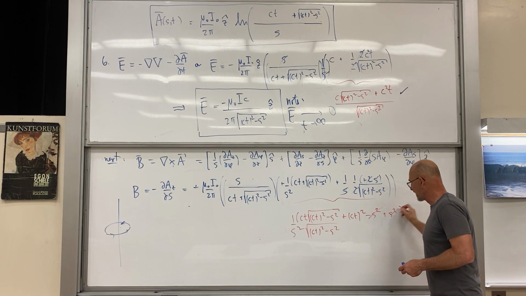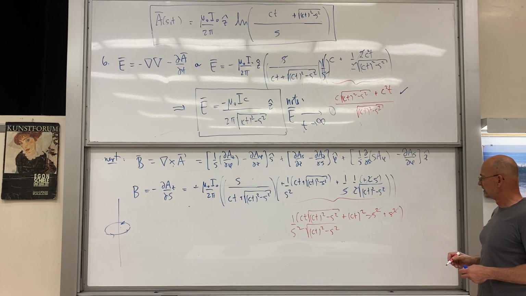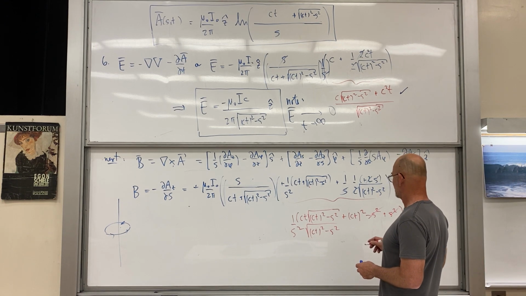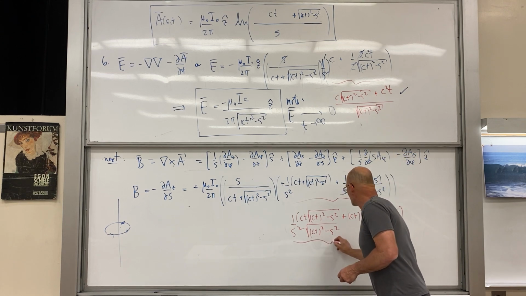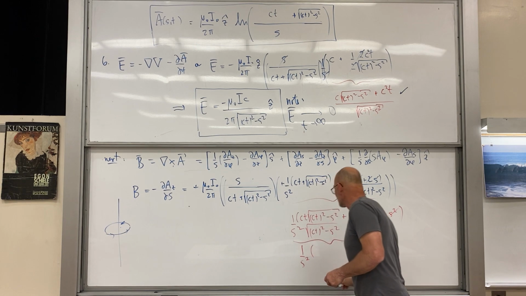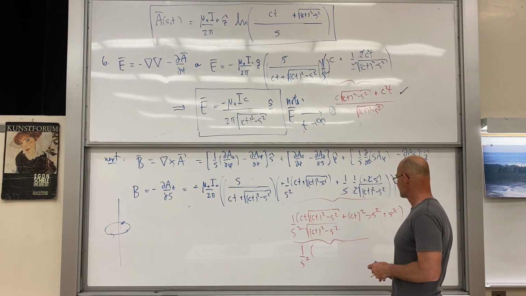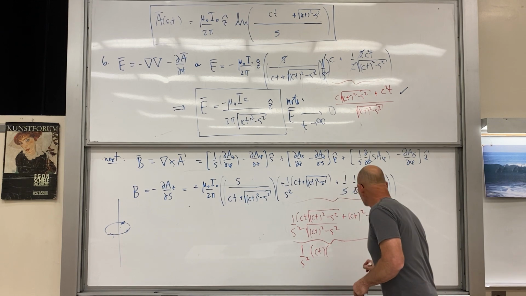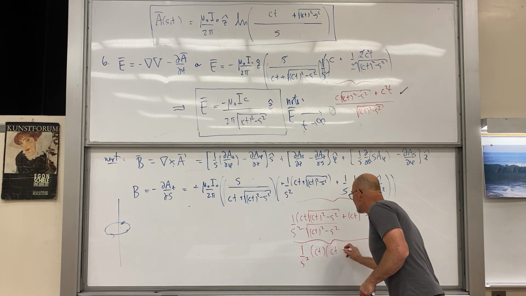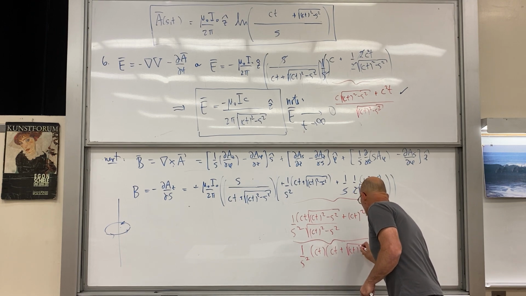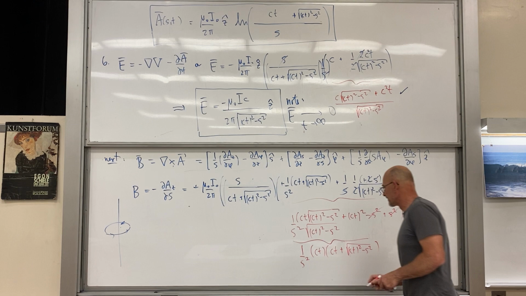So these go away, and we can pull out a over S squared, CT times plus root CT squared minus S squared.